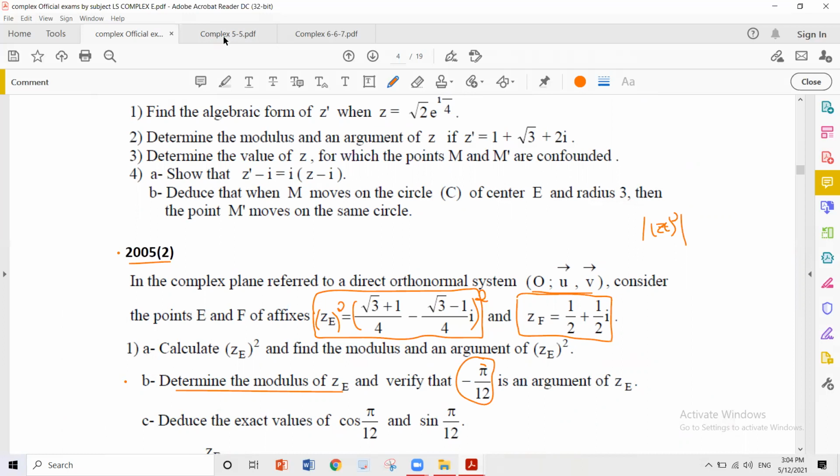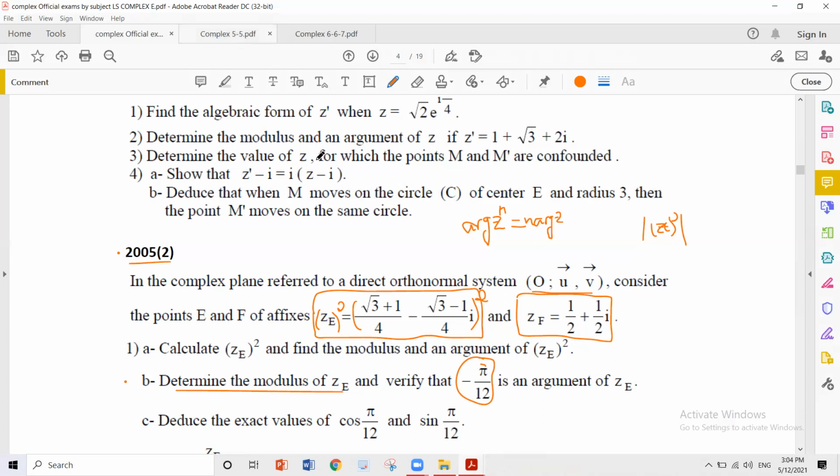Can we take the property, or look on the calculator? No. Argument of z to the n equals, what's the rule? n times the argument of z. So how to calculate the argument of z squared?